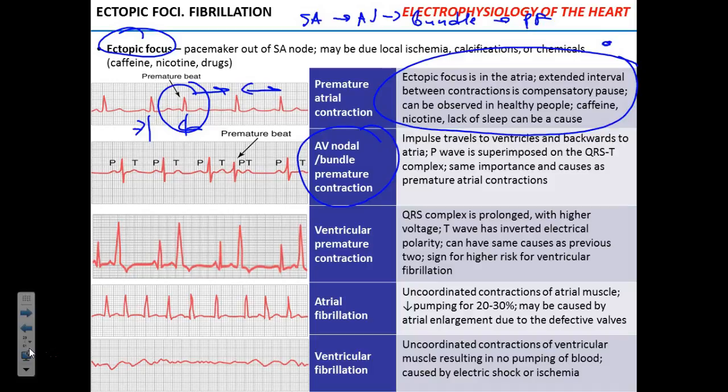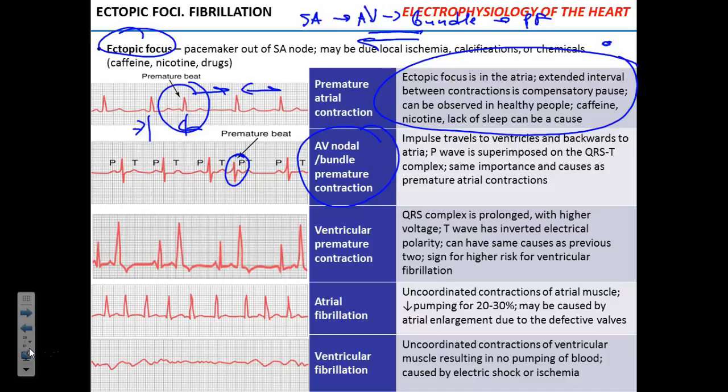So what happens is impulse will go from AV node to the bundle and back, okay? So P wave may actually get superimposed on the QRS complex. It's not that dangerous. That can happen in a healthy person from time to time. If it is not a regular thing, then it's not really a problem. It can happen in a healthy heart.